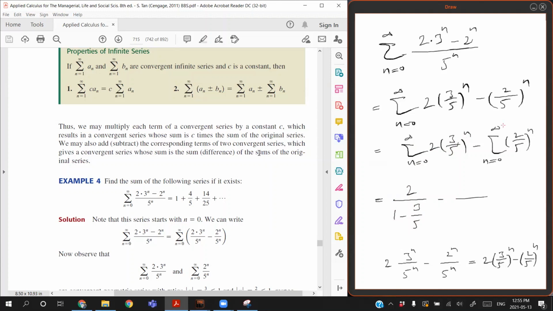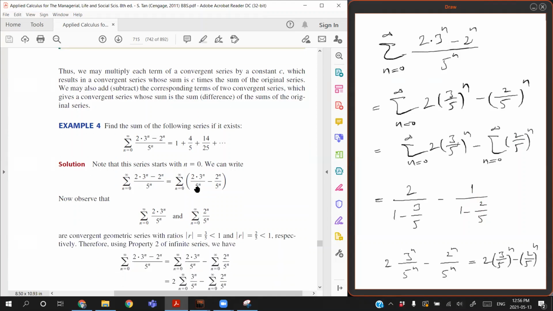Minus, this series is going to start with 1. If I plug in 0 for n, I get 2 over 5 to the power of 0, that's 1. So the first term is 1, a is 1, minus 1 over 1 minus r, and r for this one is 2 over 5. So I would just need to simplify this, and that will give me the answer.